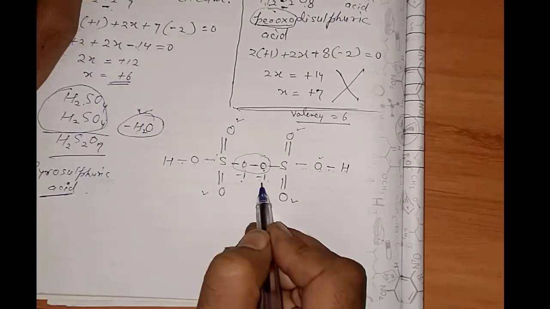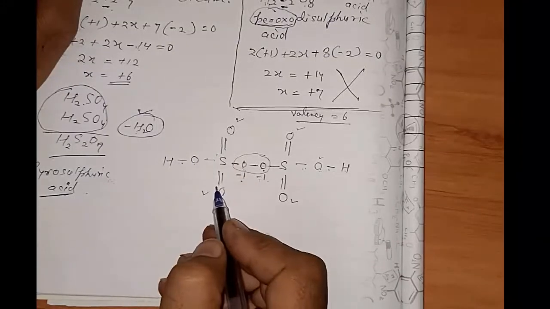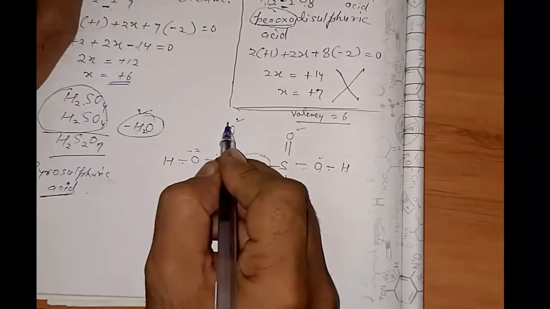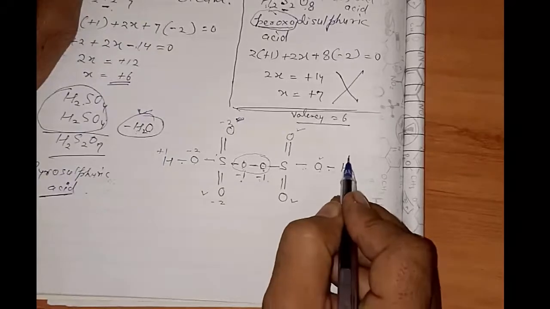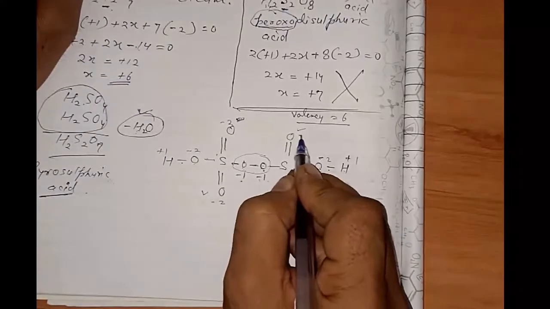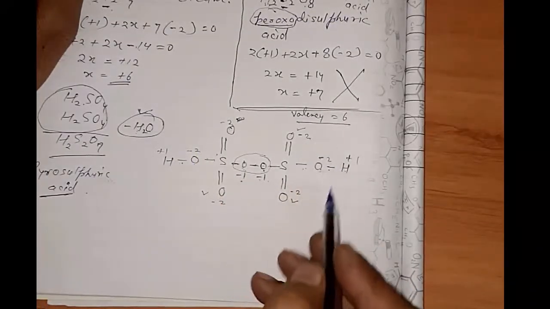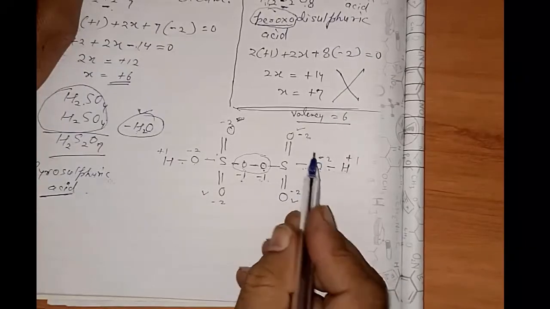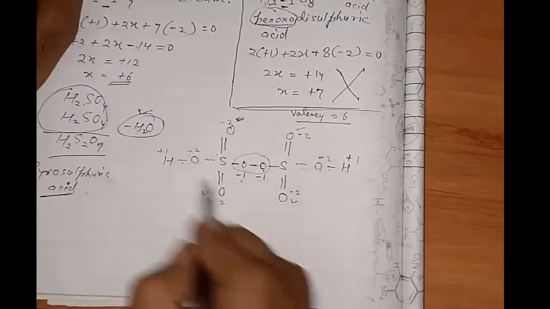So two oxygen have -1 and -1, total -2, and the rest of the oxygens are simple oxides, so their oxidation number can be written as -2. What about hydrogen? +1 and +1. So I write the oxidation number of all the remaining oxygen atoms. Now you add all the oxidation numbers: this -1, this -1, -2, -2, -2, -2, -2 and +1 and +1.